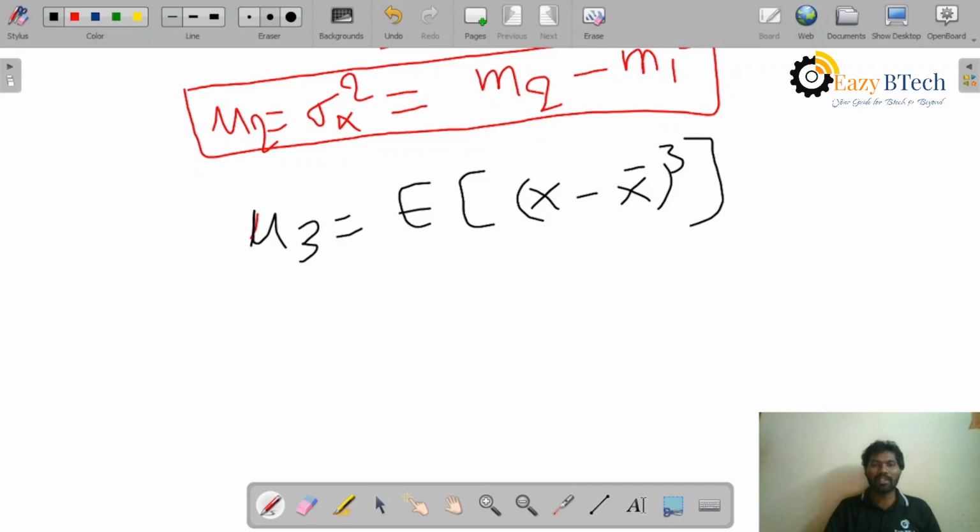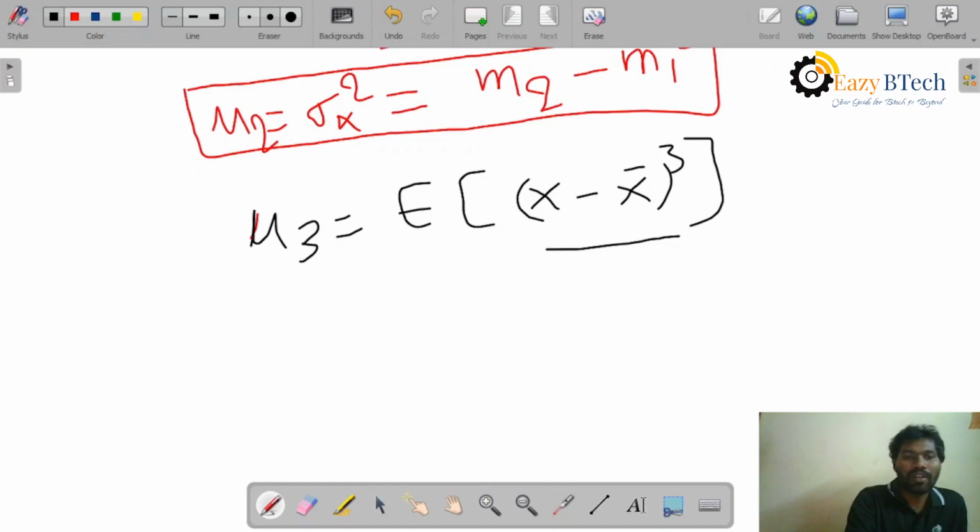This is called the third order central moment. If you expand using the a minus b whole cube formula, you will get another formula in terms of m's, that is, moments about the origin. So this is what we have about the central moments and moments about the origin.